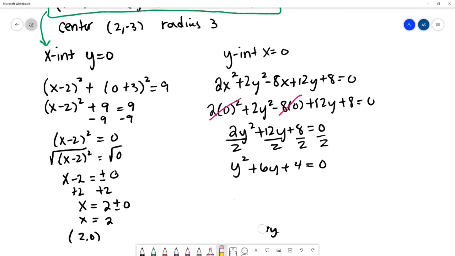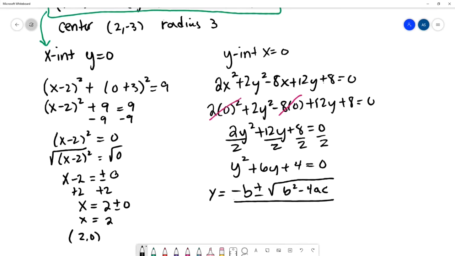But we can still solve the quadratic equation using the quadratic formula. The quadratic formula is negative b plus or minus the square root of b squared minus 4ac all over 2a.